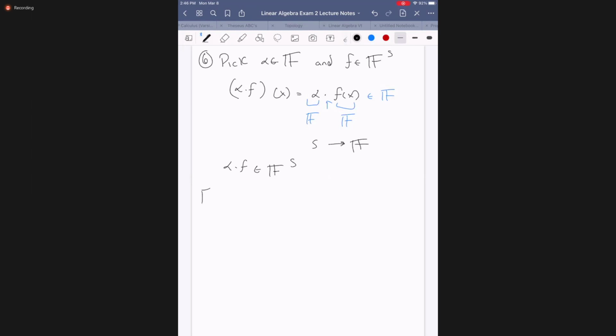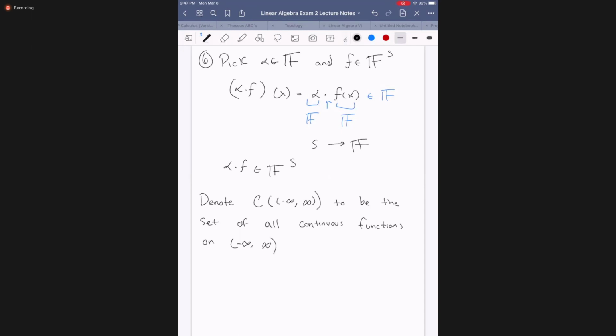Denote C from negative infinity to infinity to be the set of all continuous functions on negative infinity to infinity.